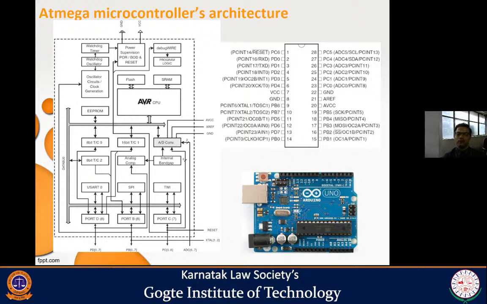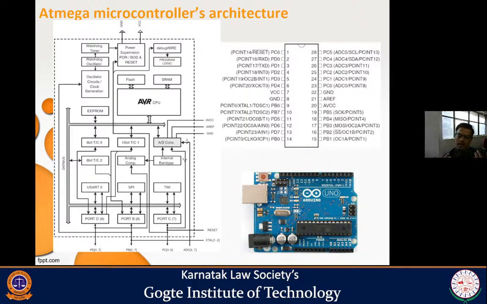And once we understand the architecture of the Arduino, we should also be able to interface different sensors with it. So without getting much depth into the architecture of hardware, I'll be giving the overview of the hardware and how to interface with the help of IO ports. Because when we are trying to interface the sensors, it is required that we should have the knowledge about the ports, which are the analog ports, which are the digital ports.